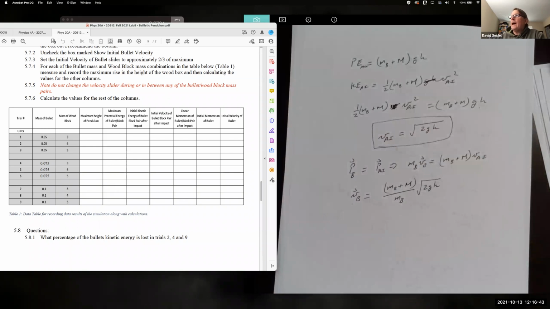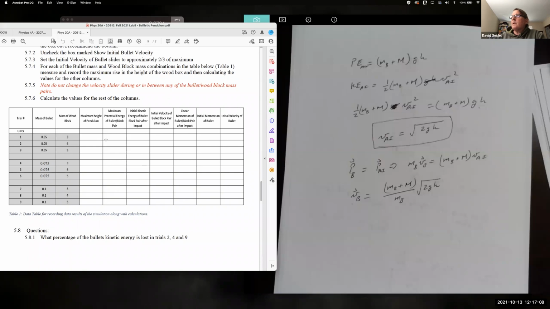So now I have this column. It's equal to the square root of 2 times g times the value that's over here. So you can just calculate it right away.